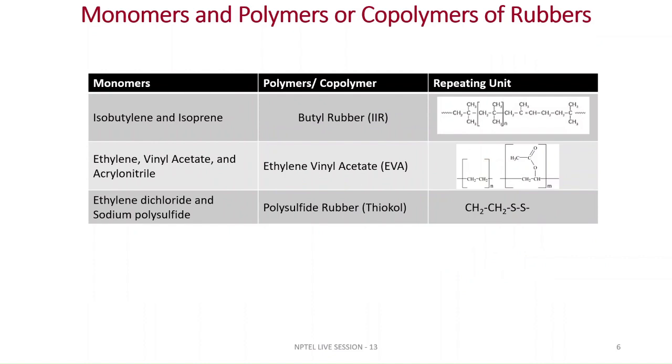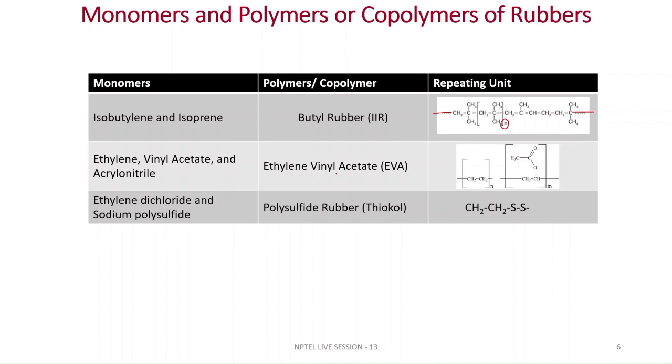Another copolymer is butyl rubber. The monomers are isobutylene and isoprene. From this end it will go on repeating, where n is the repeating number.